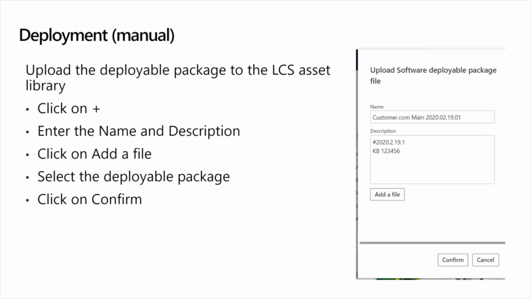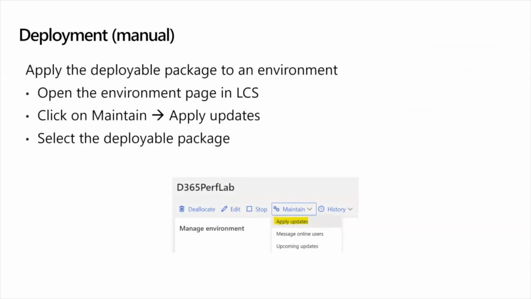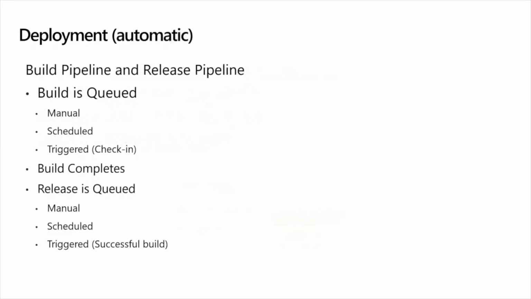So you add all that and add the file, selecting the deployable package you downloaded in the last step, and then you confirm, and that'll put it in the asset library. When you go to the environment in LCS, you click on maintain and apply updates. The list from the asset library shows up, and you select your deployable package, and it will start installing.